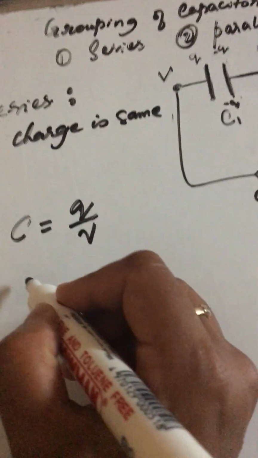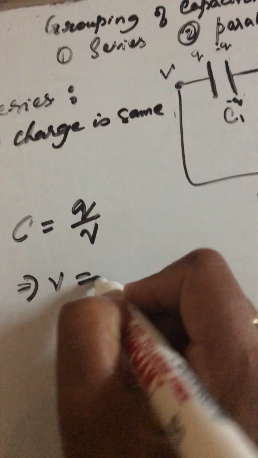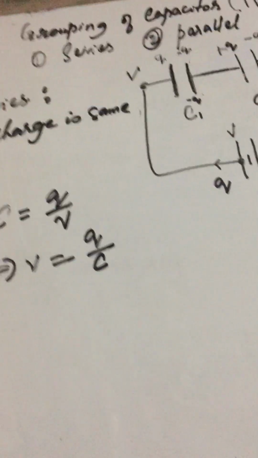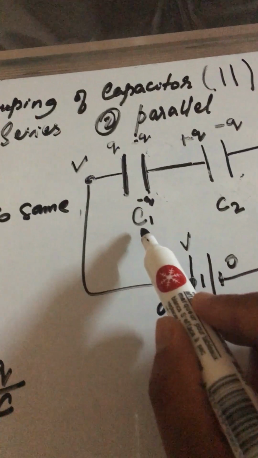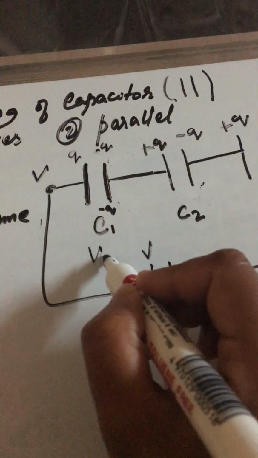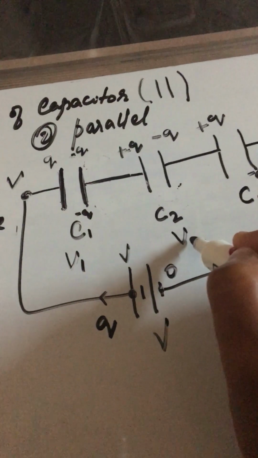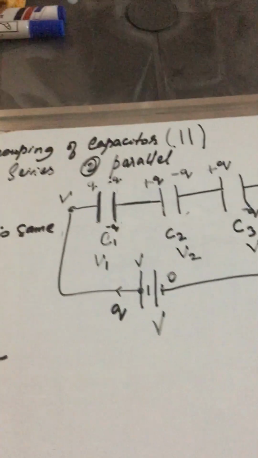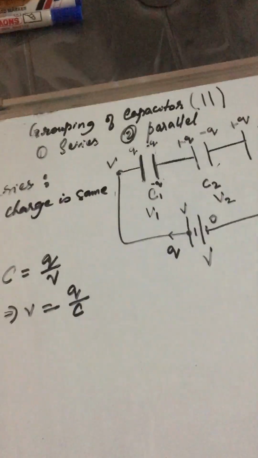Or I can write potential is equal to charge by capacitance, right? Now as the capacitances are different, that means the potential will also be different in each capacitor. You understand the logic behind.